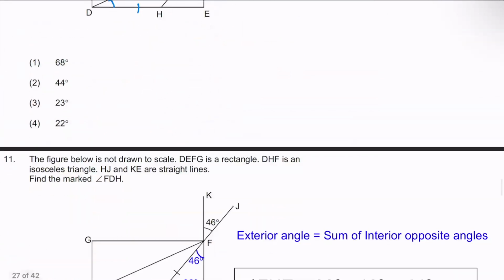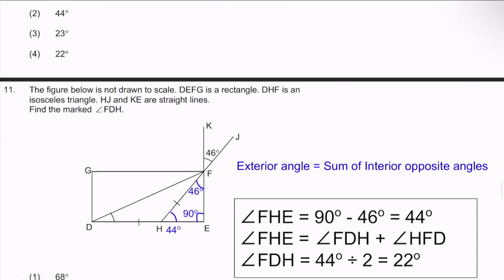So when they say that lines HJ and KE are straight lines, if you notice, HJ and KE intersect with each other. So when these 2 intersect with each other, this means that the angle here is equal to the angle here, right?